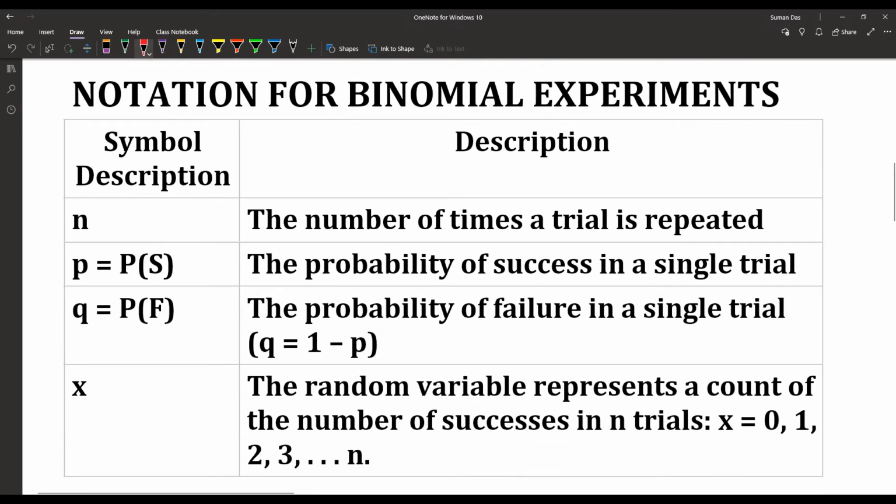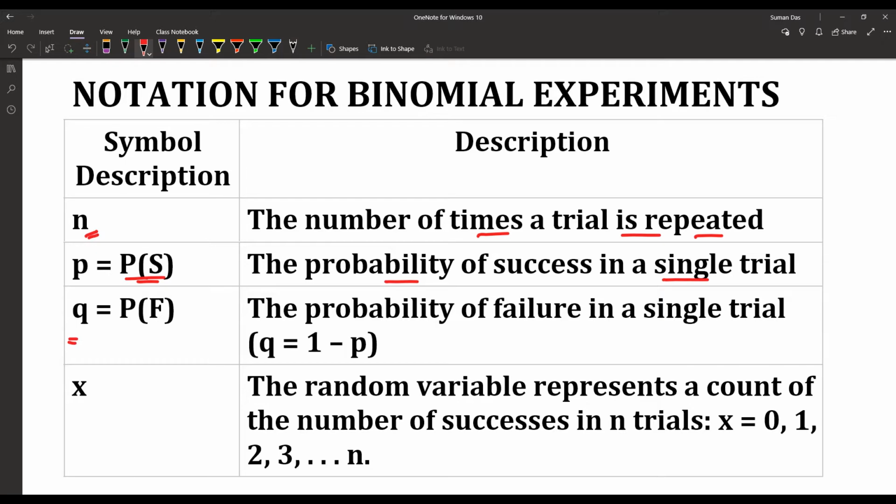That is also connected with the binomial distribution. The symbol description is like this: small n is the number of times a trial is repeated. Small p is the probability of success in a single trial.